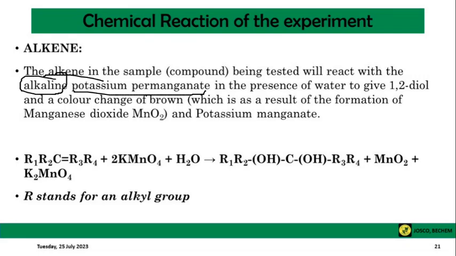This should be done in the presence of water. Remember from our initial overview, we said that we are going to produce a diol. To be specific, in this instance, we are going to produce 1,2-diol. The 1,2 is referring to the position of the functional group ol.